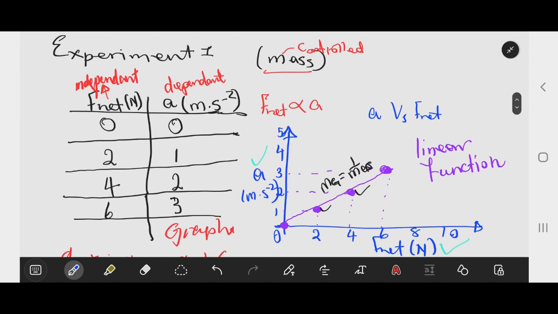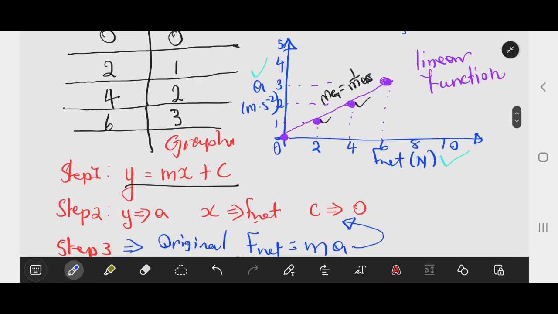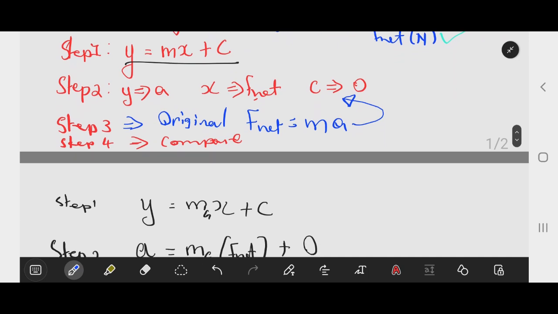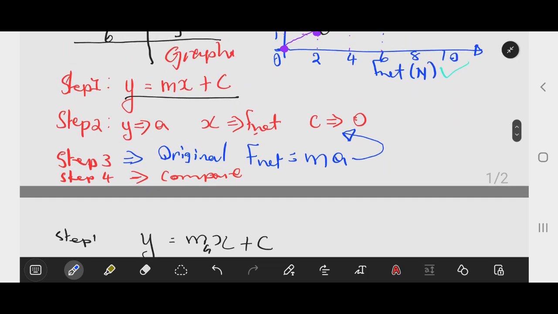And how did we obtain that? By performing the graphical analysis first for this straight line, and then we compare. For step number 1 in our graphical analysis, we see that it is a linear function, which is y equals mx plus c. And step number 2, we substitute the variables from the graph into y equals mx plus c. Then we manipulate the original formula in such a way that it looks like the formula in step number 2.